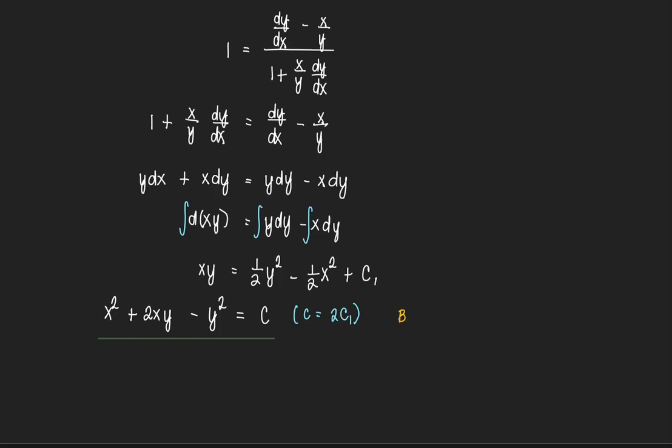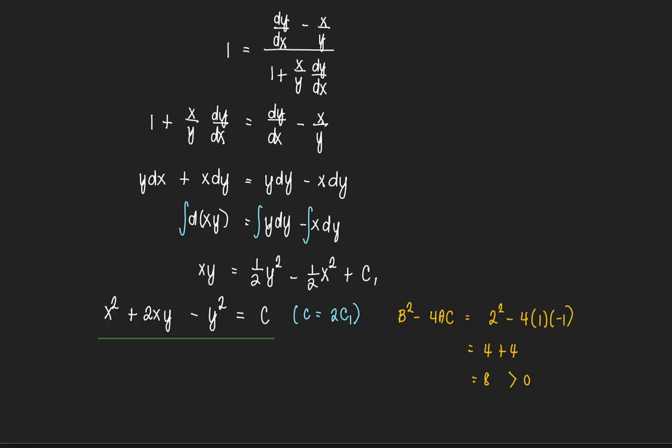So using our discriminant, b squared minus 4ac. Our value of b here is 2. So that's 2 squared minus 4 times 1, and our value of a here is 1 and c here is negative 1. So that's 4 plus 4, that's 8, which is greater than 0, meaning it is a hyperbola.